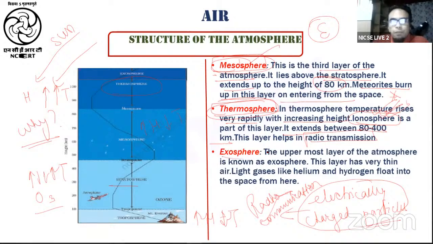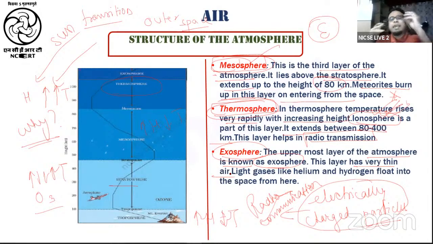Fine. Then we have the exosphere, which is the outermost layer, and it is the transitional layer. Your exosphere is considered to be a transitional layer between the atmosphere of the earth on one side and outer space on the other side. So the uppermost layer of the atmosphere is known as the exosphere, and this is a very thin layer, right?